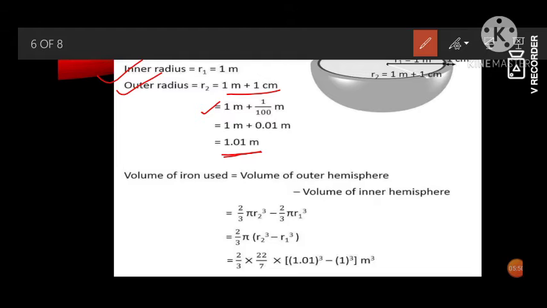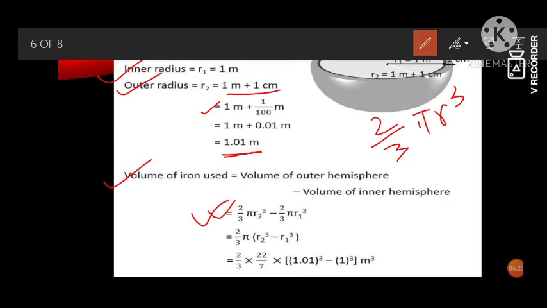Now the volume of the iron used, that is the iron part, is the deep grey portion. So we have to find the volume of the outer hemisphere where the radius is 1.01 meter minus the volume of the inner hemisphere where the radius is 1 meter. The volume of a hemisphere is 2 by 3 pi r cube. Here R2 is the outer radius, R1 is the inner radius.